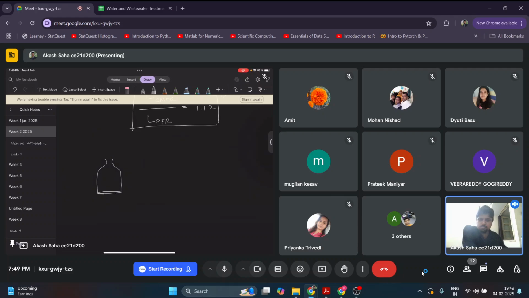So we have this BOD bottle, and this is the cap. Inside this, what do we have? We have the organic matter, we have the microorganisms, and we have some dissolved oxygen, some nutrients also, but these are the basic things.